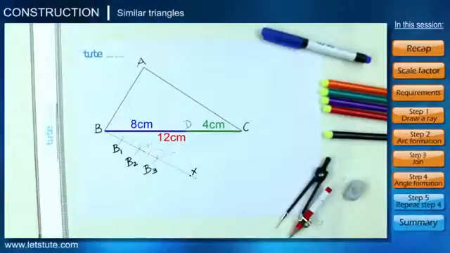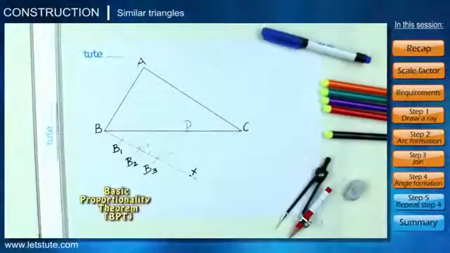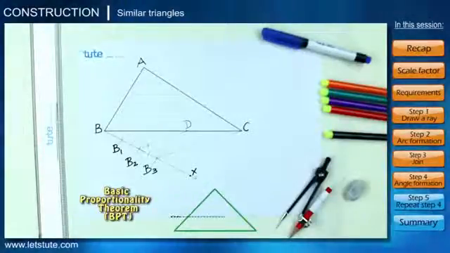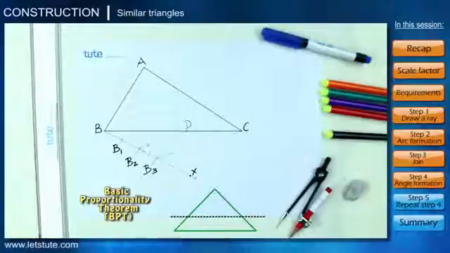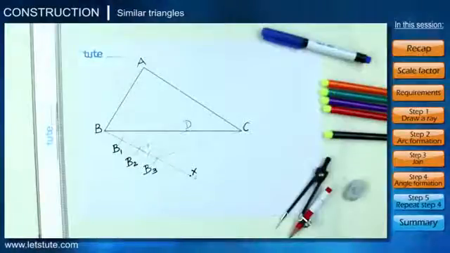Okay. Or the second way to prove this is if you recollect the well-known basic proportionality theorem, or BPT, which says if we pass a line through a triangle in such a way that it is parallel to one side of the triangle, then the other two sides will be divided in the same proportions. And if you notice, that is exactly what is happening here.